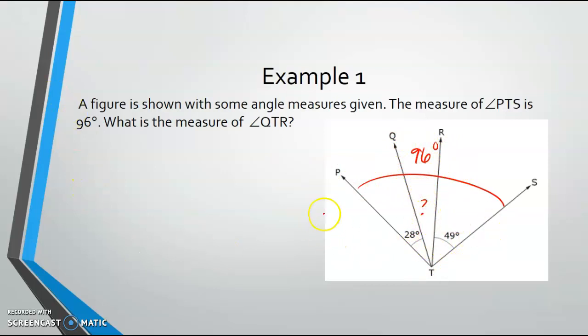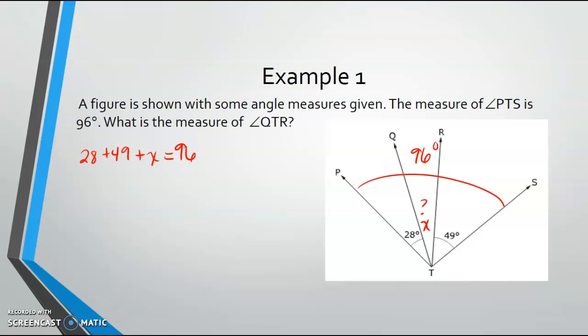So what I do know is that the three angles add to equal the big angle. So I know that 28 plus 49 plus, we're going to call this x because that's what we don't know, so plus x equals our big angle of PTS, so that's the 96 degrees. So equals 96. That's my equation.